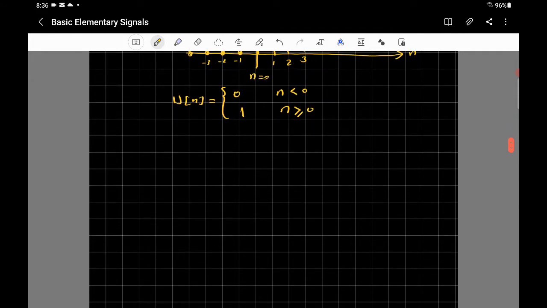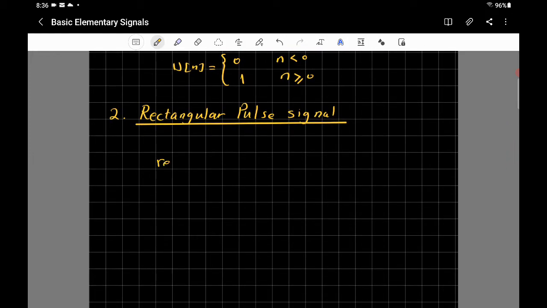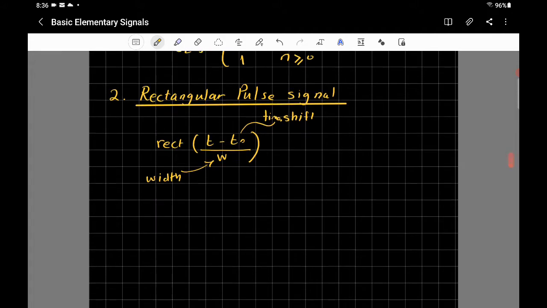Let's go for another important one. It's called the rectangular pulse signal, and it will be written like that: rect of (t minus t naught) divided by w. t naught is the time shift, and w is the width of the pulse itself.